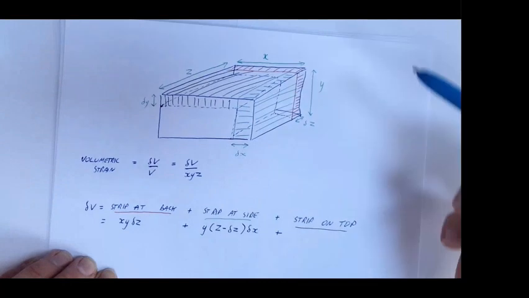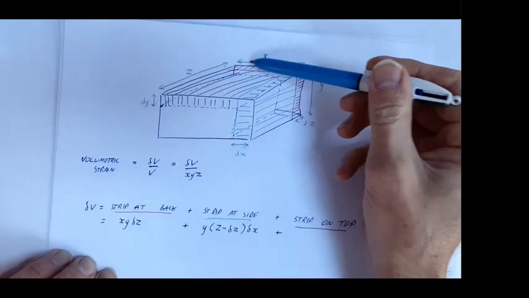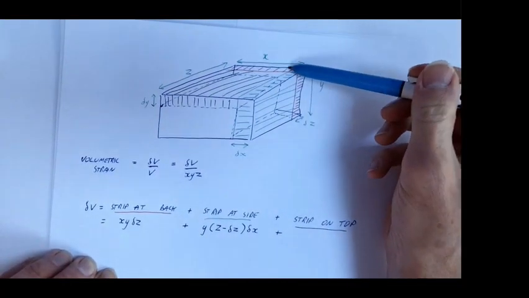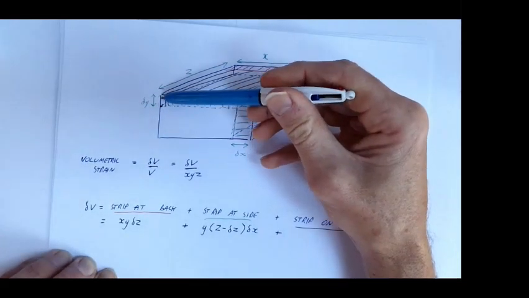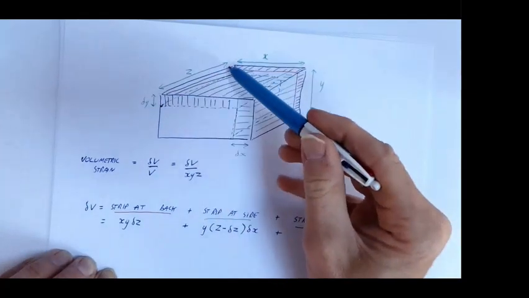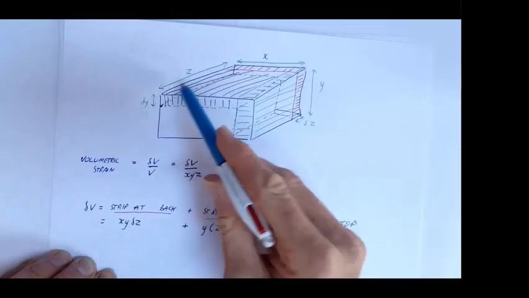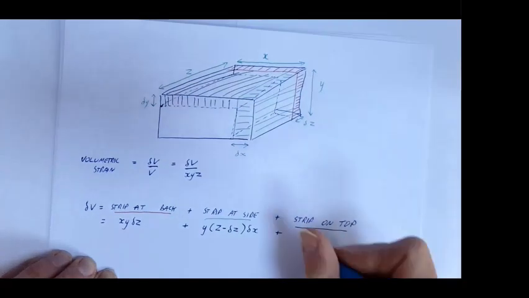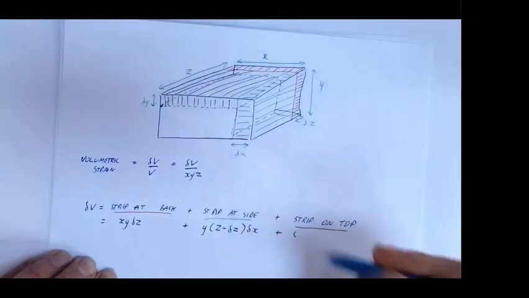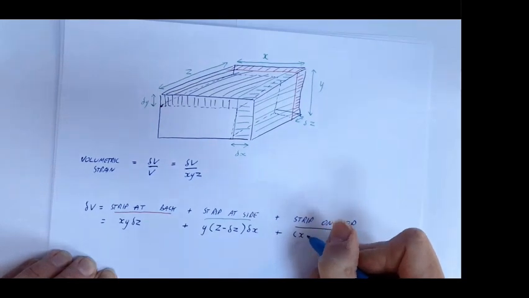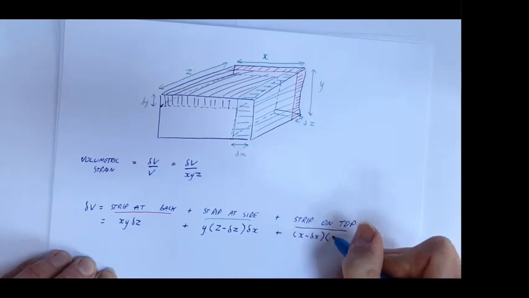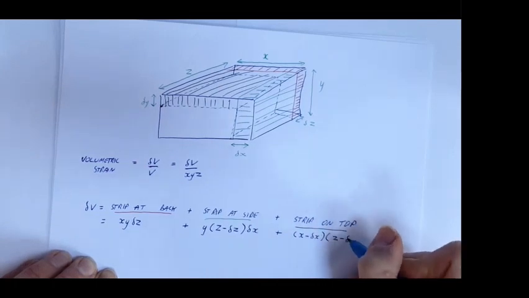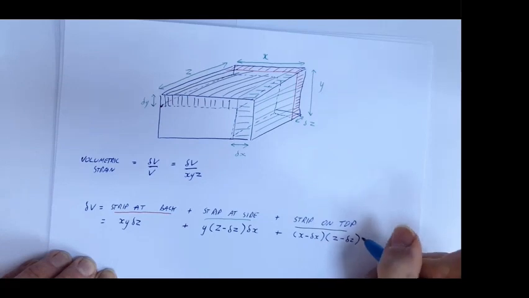What's the strip on top? Well, it is x minus delta x wide. It is delta y deep, and it is z minus delta z into the page. So we've got x minus delta x times by z minus delta z times by delta y.